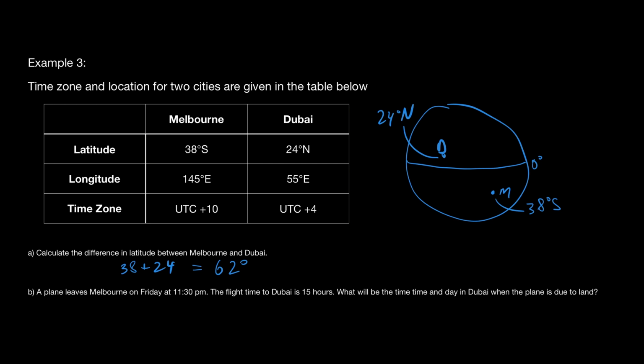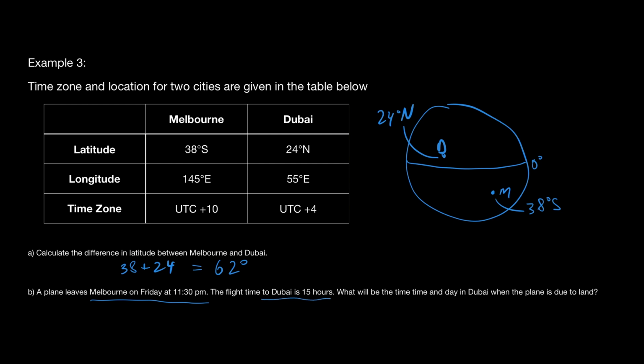Part B. A plane leaves Melbourne Friday at 11:30 p.m. The flight time to Dubai is 15 hours. What will the time and day in Dubai be when the plane is due to land? Again, I'm underlining some points here. Flight time is 15 hours.